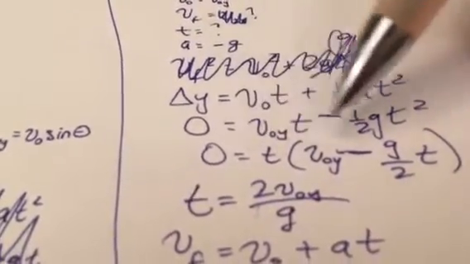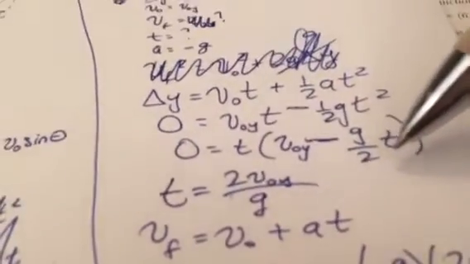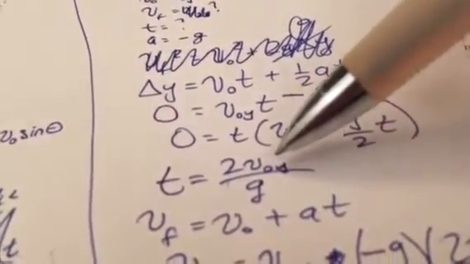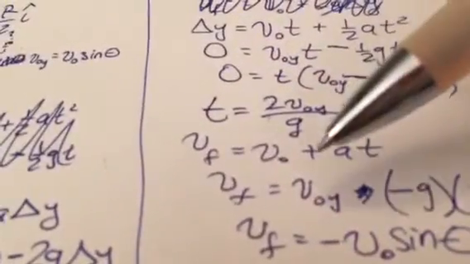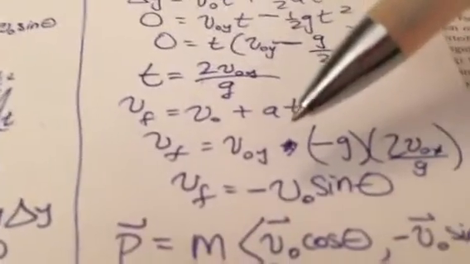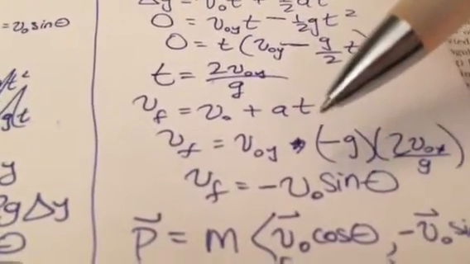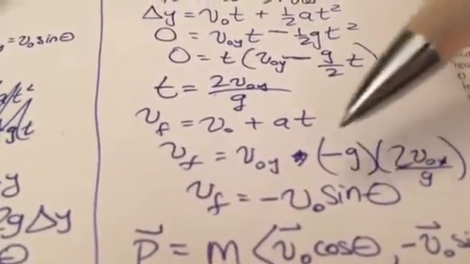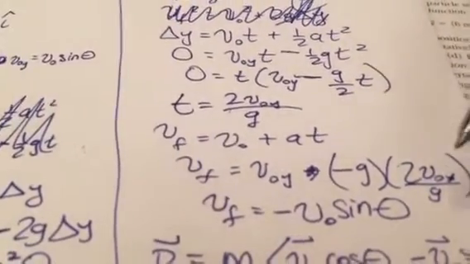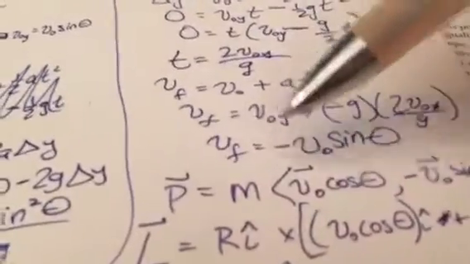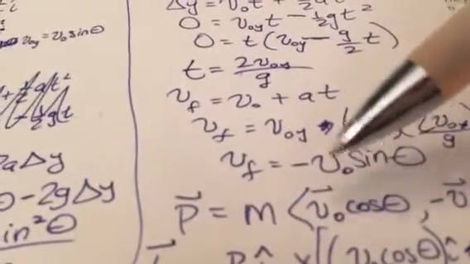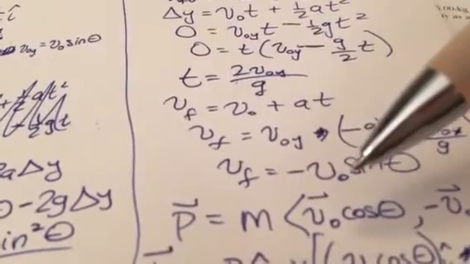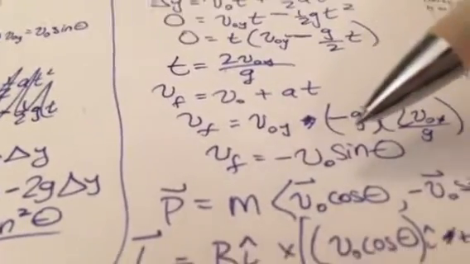Once we plug these values in, we should be able to factor out t, and t is equal to 2 times v naught in the y direction over g. Then we're able to plug it into another kinematic. Velocity final is equal to velocity naught y minus g times 2 times v naught y over g. So velocity final is equal to the negative of the initial velocity in the y direction, which is negative v naught sine theta.